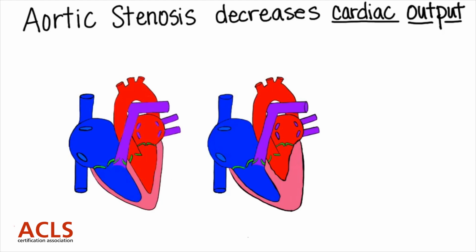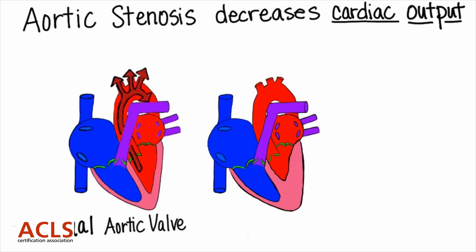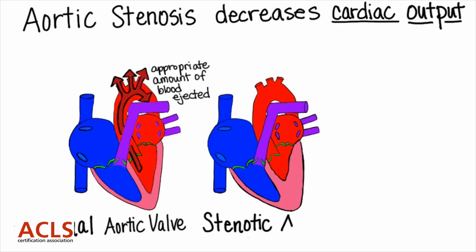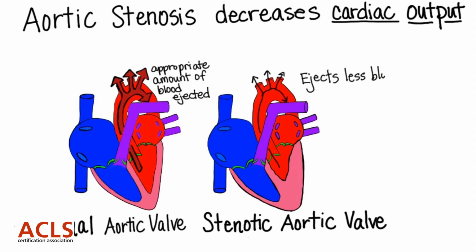Aortic stenosis decreases cardiac output. Here's that normal aortic valve. It opens smoothly to allow an appropriate amount of blood to be ejected. A stenotic aortic valve ejects less blood for the same amount of force.